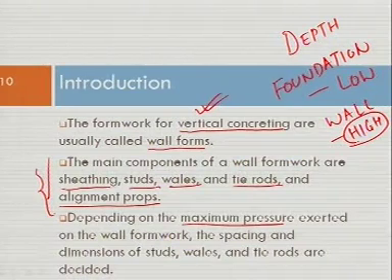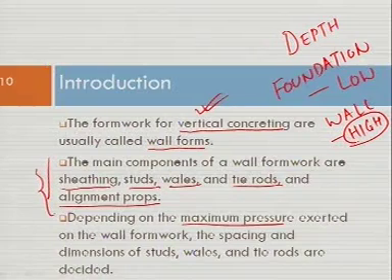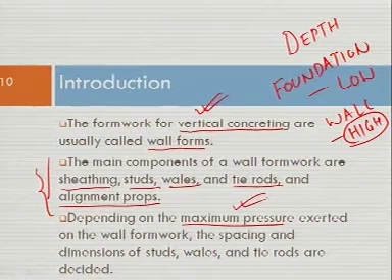If you are dealing with a high value of pressure, naturally your sheathing is going to be of larger thickness, the supporting studs would be closely spaced, similarly your wales and tie rods should be closely spaced. So, the spacing and the cross section basically depend on the maximum pressure being exerted by the concrete onto your formwork surface.